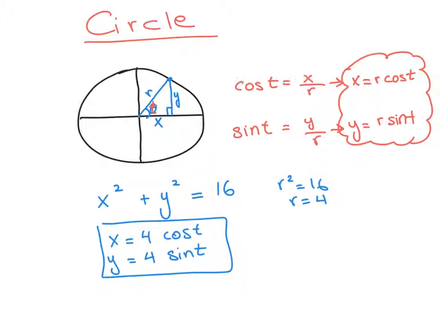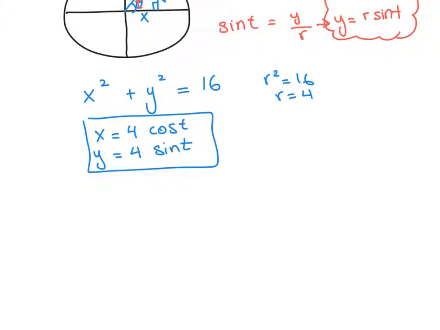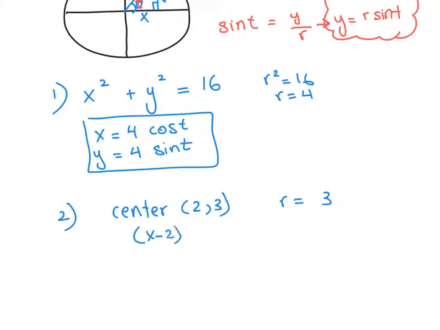Now let's take another example. What if I have a center? Let's say that they gave me this description. So we have center 2, 3, and then the radius is 3. So let's start by writing the equation. x minus 2 squared plus y minus 3 squared is equal to 9.